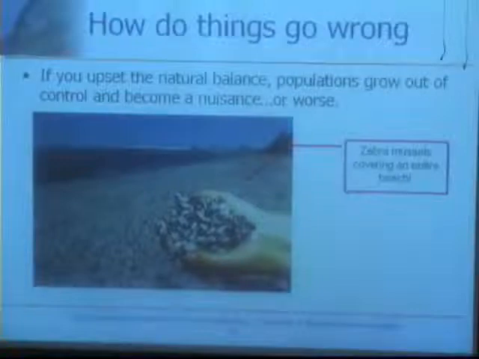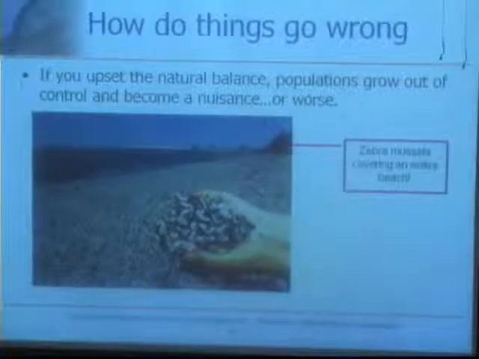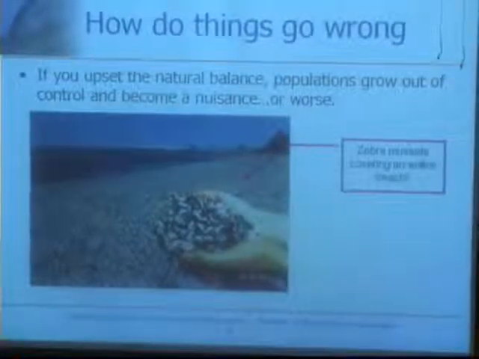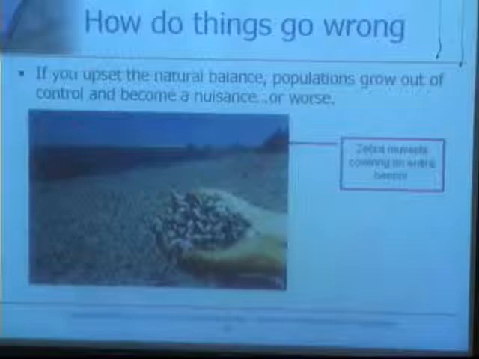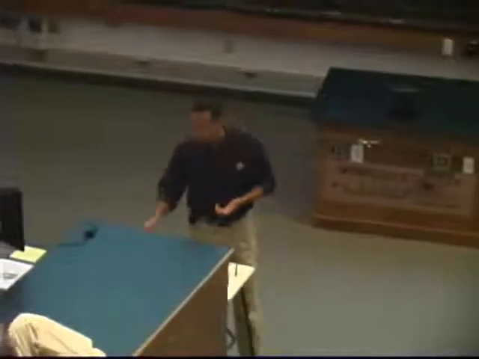Anybody know what a zebra mussel is? Are they good things or bad things? They're a pain. That's a beach that's not sand. Those are mussels. Zebra mussels are an invasive species. They have no regulatory mechanism to eat them. They were introduced into our lake and river system, and because of that, they have nothing to check their growth.